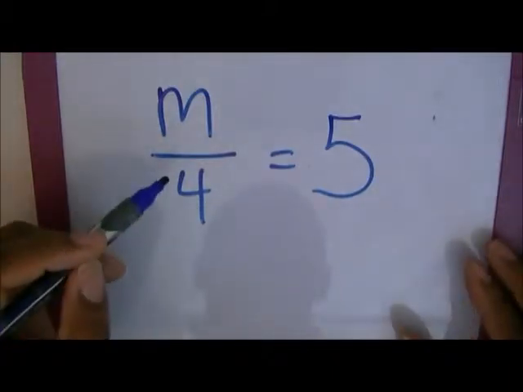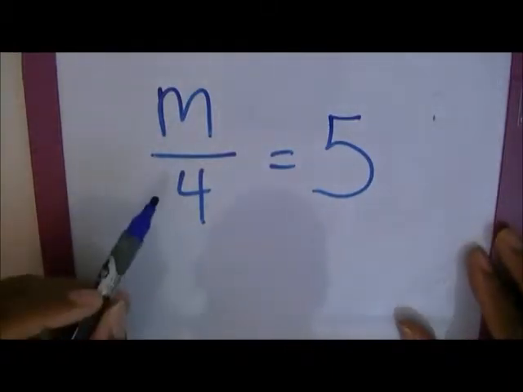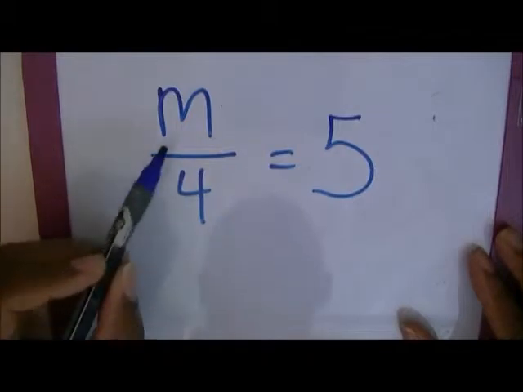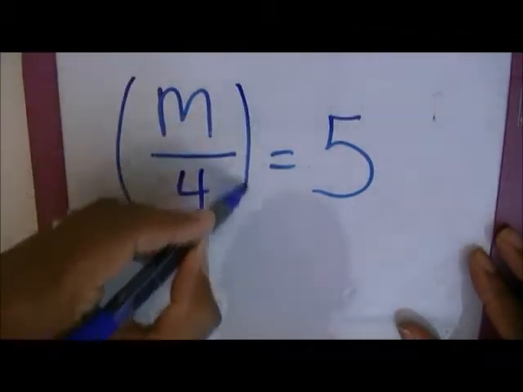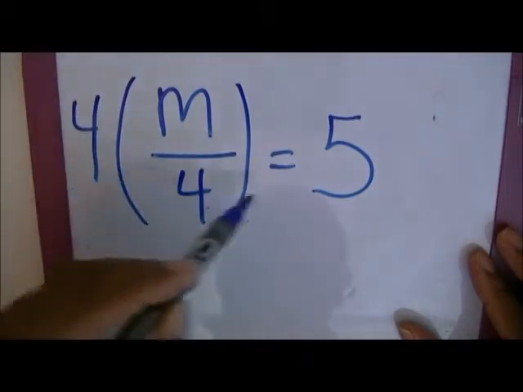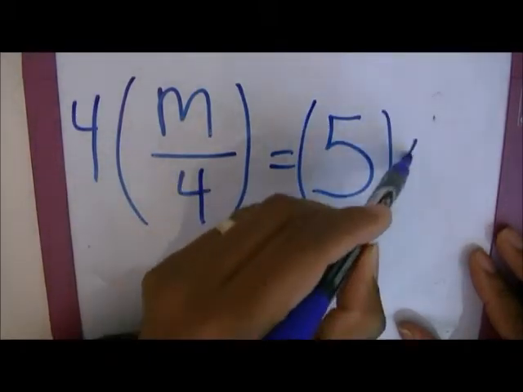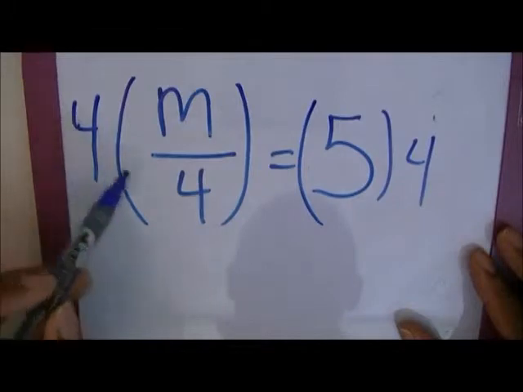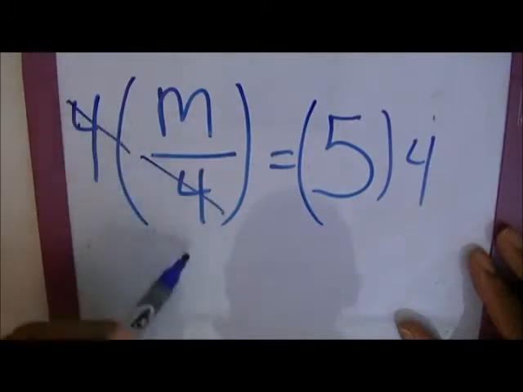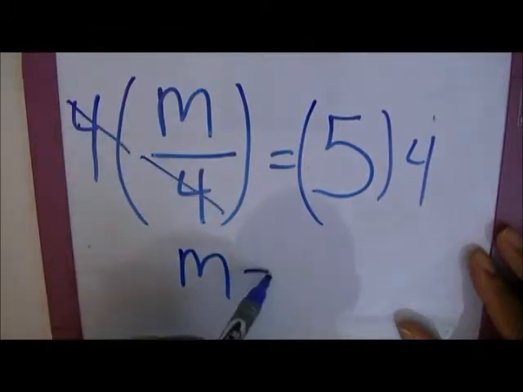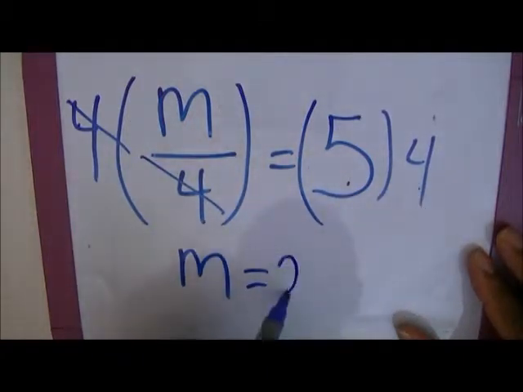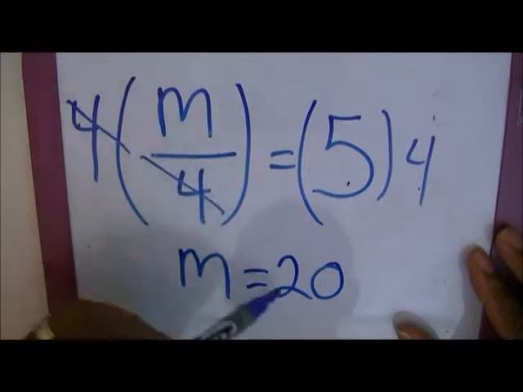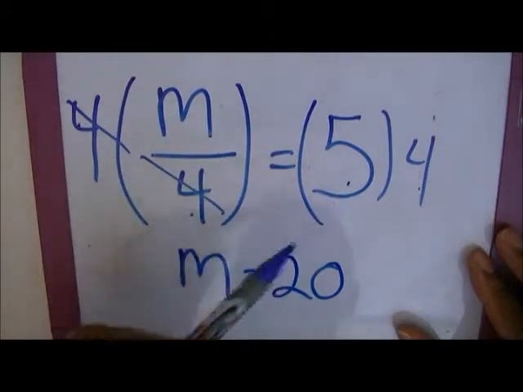Your multiplication tables will tell you the answer real quickly, but the way we solve this is, since this number is being divided by 4, we're going to multiply both sides by 4. This 4 here cancels this 4, so you're left with M. On the left hand side, 5 times 4 is 20. Some number 20 divided by 4 equals 5. That's correct.